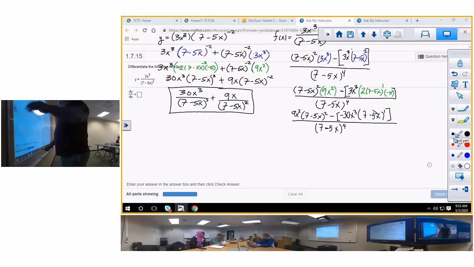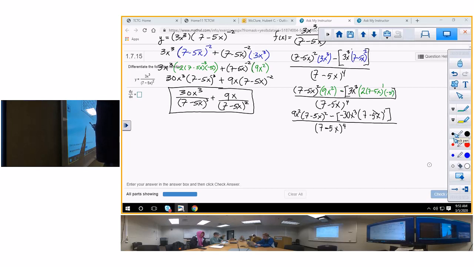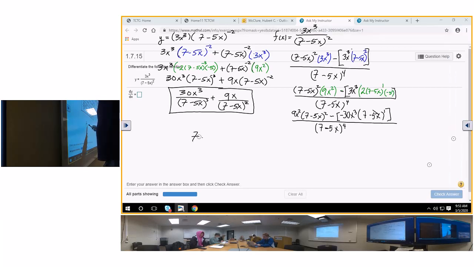Because here, I can get a common denominator of (7 minus 5x) to the third power, right? And that'll give me 30x cubed plus 9x times (7 minus 5x). And that's pretty much what you're going to get over here.